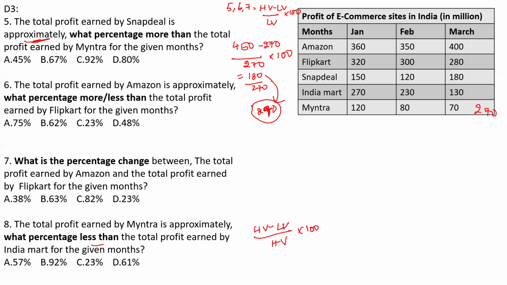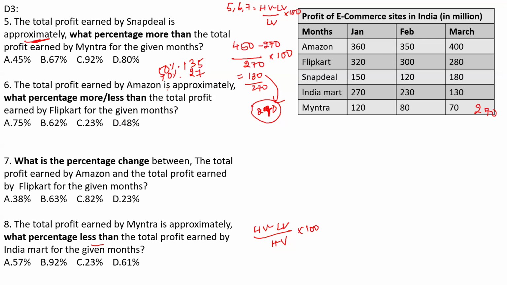Half of 270 would be what? 135. So 50% is 135, but you want the answer of 180. So again add 10%. 10% is cutting one zero, 27. If you add, it will come around 160.